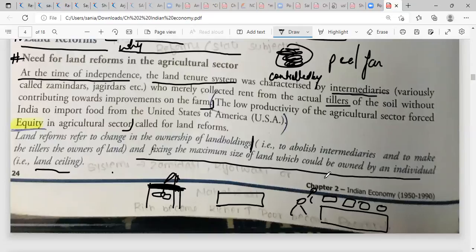For example, you can have 5 plots, 6 plots, 7 plots like this. So I'll be fixing a certain limit on the maximum amount of land. So second will be land ceiling, fixing the maximum amount of land which could be owned by an individual.